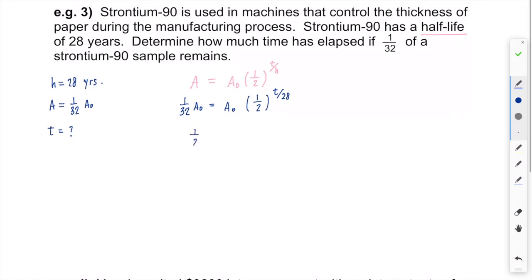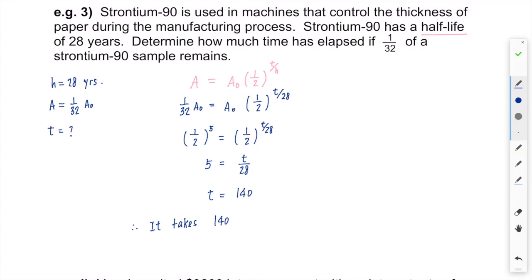I can write the left side of the equation as (1/2)^5, and then (1/2)^(t/28). As a result, all I have to do is compare these exponents and make t equal 5 times 28, or 140.